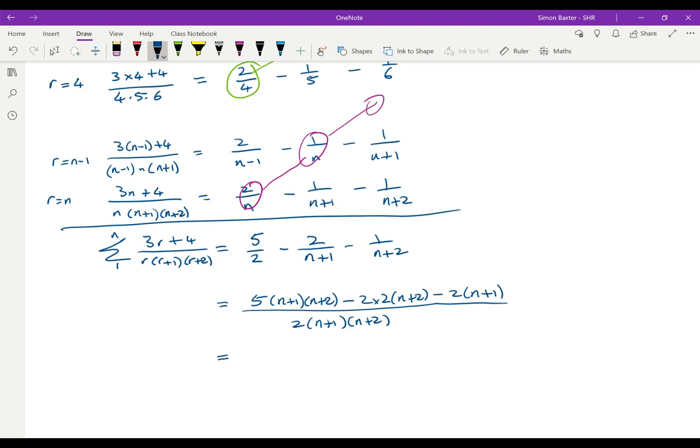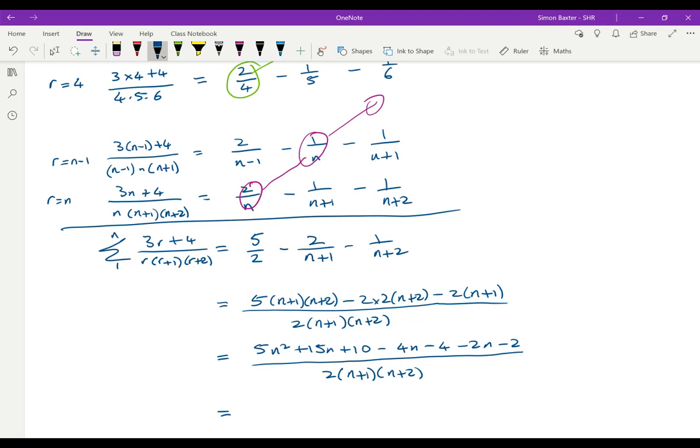Sort that out, and we get 5n squared plus 3n is plus 15n plus 2 times 5 is plus 10, minus 4n minus 4, minus 2n minus 2, all over 2(n plus 1)(n plus 2).